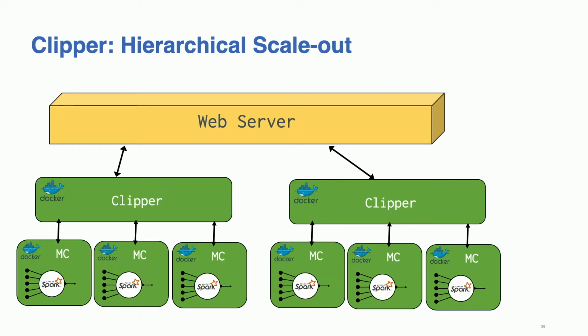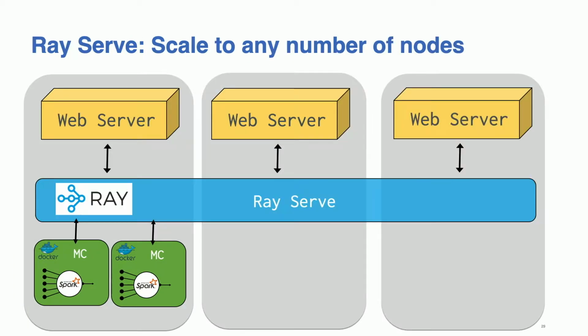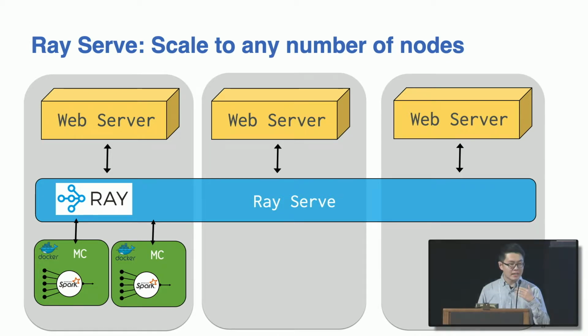Let's take a step back. In Clipper, this is the picture you just saw. But Serve, built on top of Ray, can scale to many nodes and can dynamically scale up and down. This benefits from Ray's design, its bottom-up scheduling, and its flexible fault tolerance mechanism.